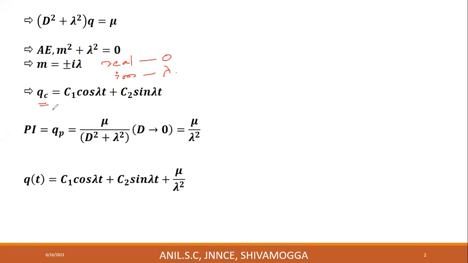Q C is equal to e power real part times t, that is e power 0 t, into C1 cos lambda t plus C2 sin lambda t. E power 0 is 1. So 1 into C1 cos lambda t plus C2 sin lambda t. This is the complementary solution.